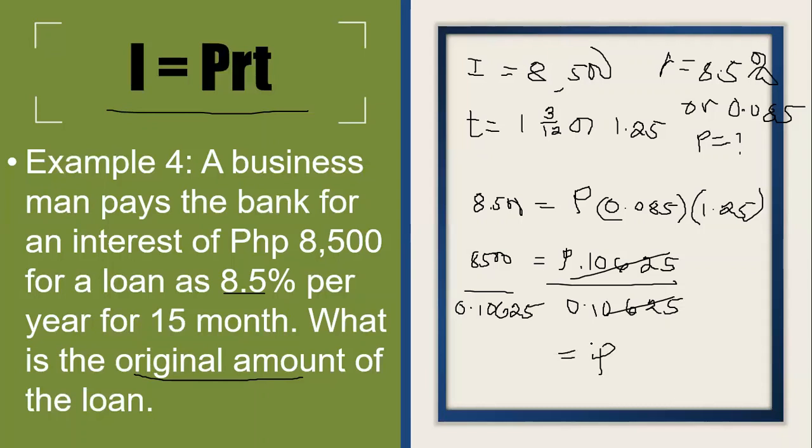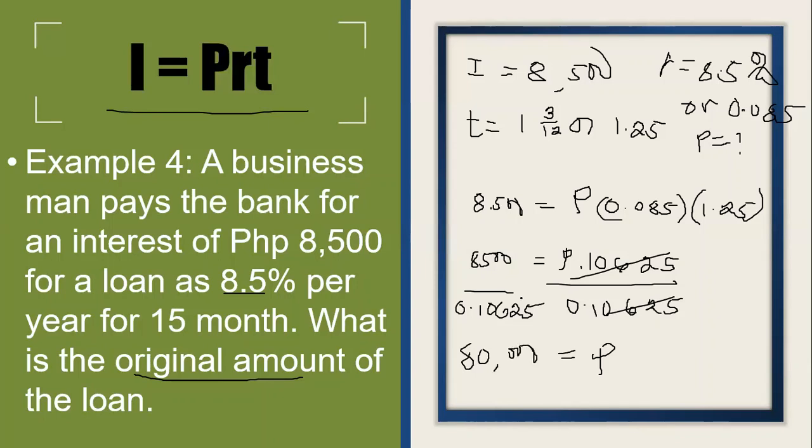So 8,500 divided by 0.10625. So we have 80,000. So yung principal money pala po niya is 80,000.